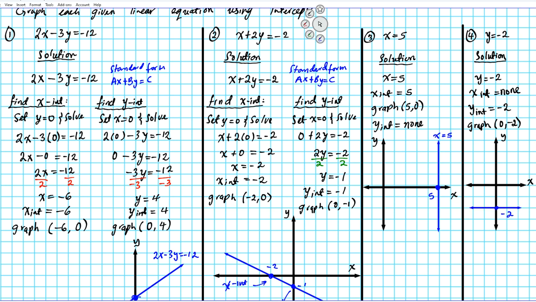Since it's parallel to the x-axis, we know for certainty that it is not going to intercept the x-axis at any point in the real number set. Okay, so this line right here is the line y equals -2, and this point that we just graphed is your y-intercept. Okay, so that's how you graph lines in standard form.